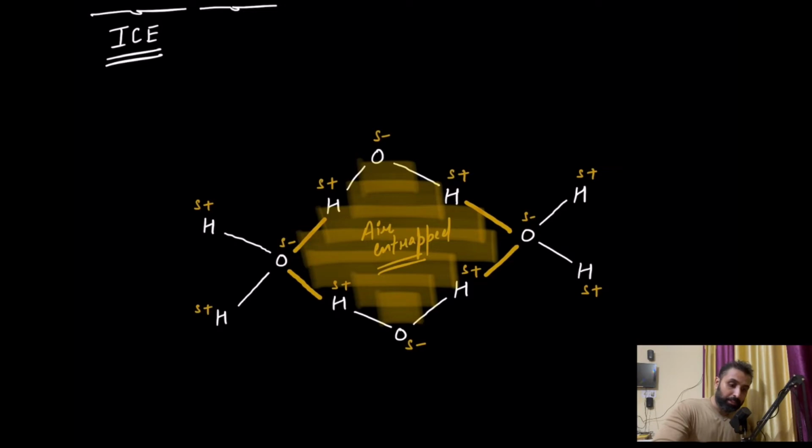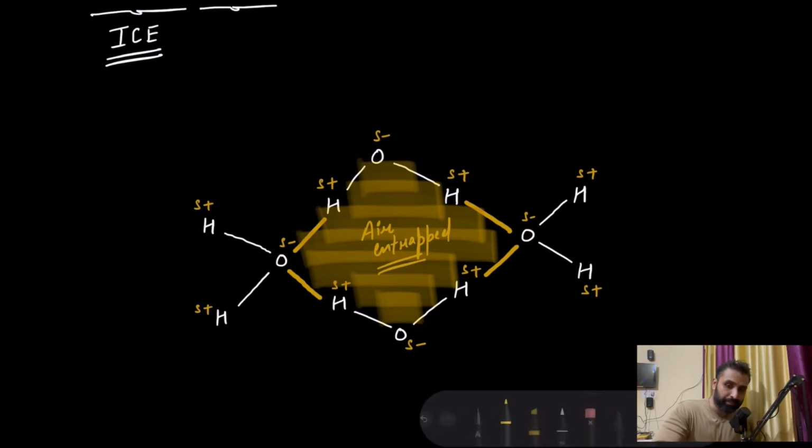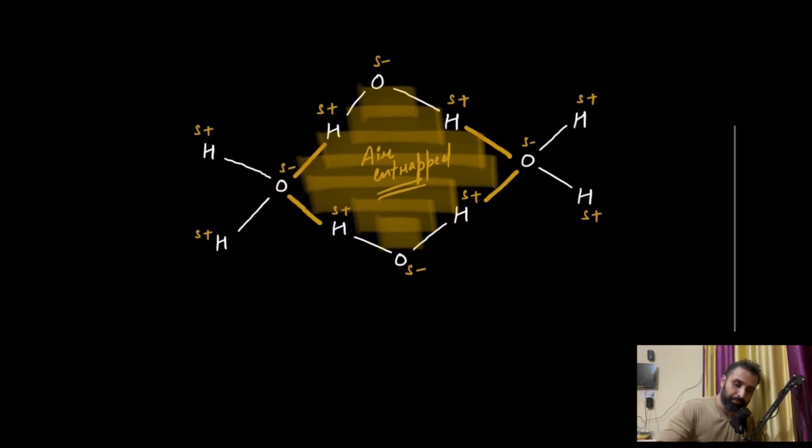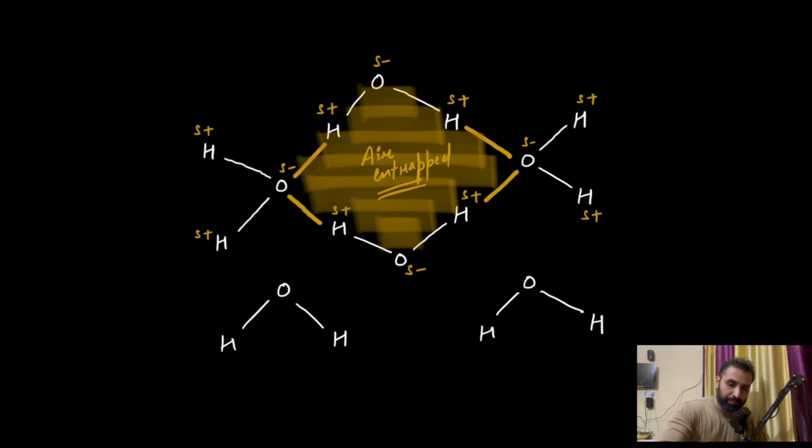Now, let's talk about the single H2O molecule. How many hydrogen bonds does a single H2O molecule make? I'm continuing this structure. We have oxygen over here, hydrogen and hydrogen, and again oxygen over here, hydrogen and hydrogen.